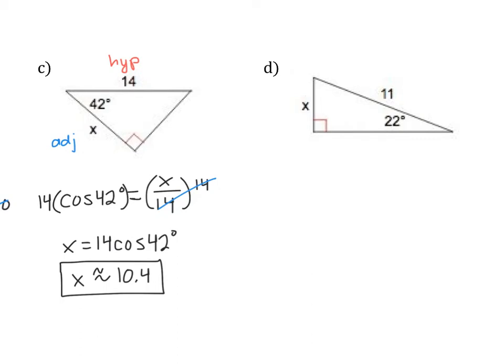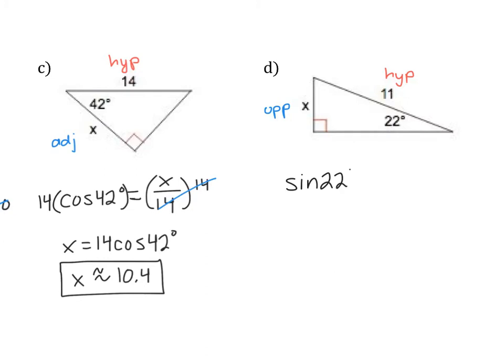Okay, let's look at example D. Again, look at the angle we're working with. In reference to this angle, x, this side, is across the triangle, so that would be the opposite side. And 11 is opposite the 90, so this is always the hypotenuse. So we ask, which trig ratio uses opposite and hypotenuse? And that would be sine.